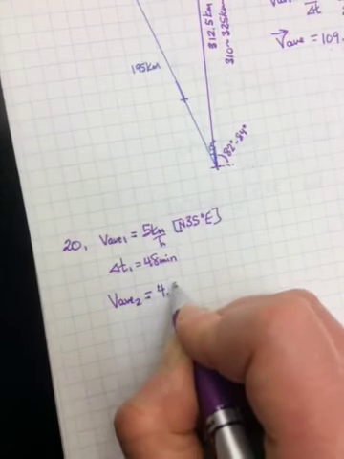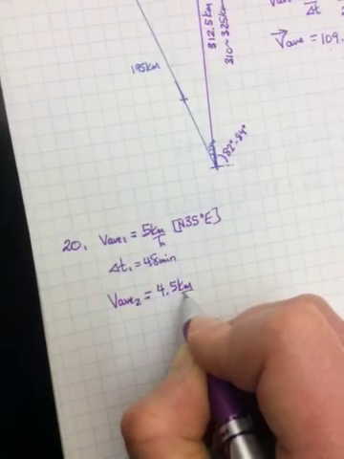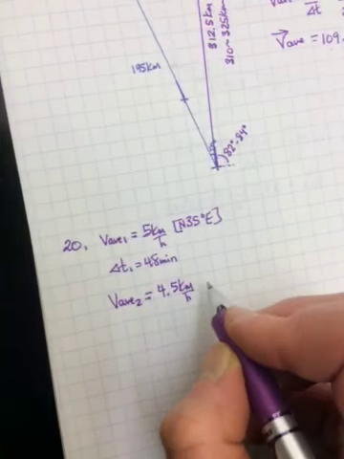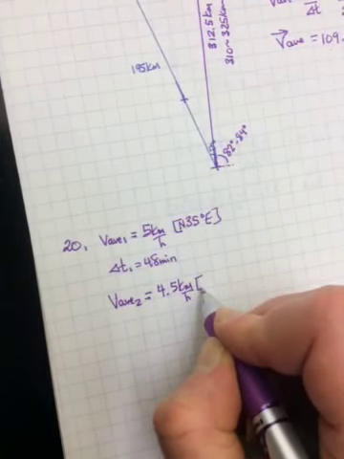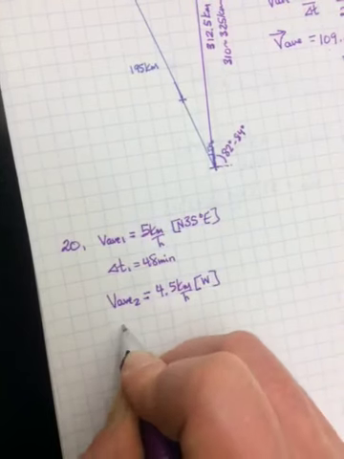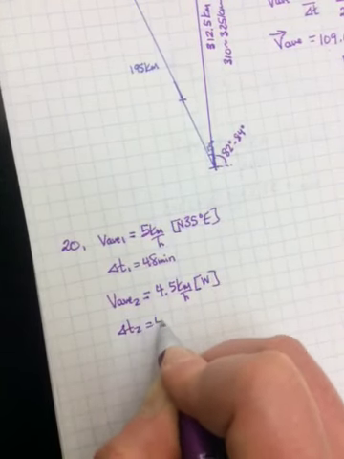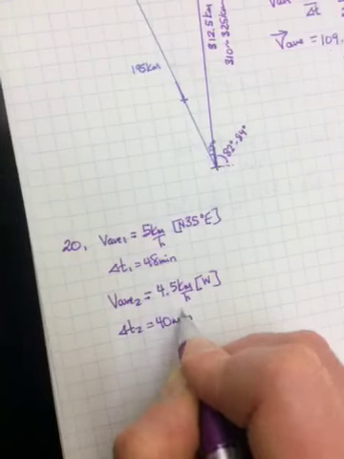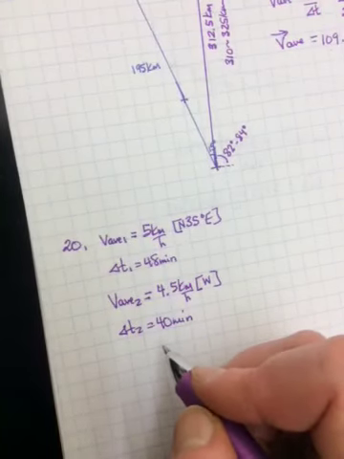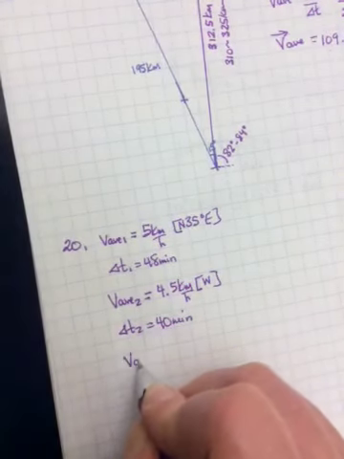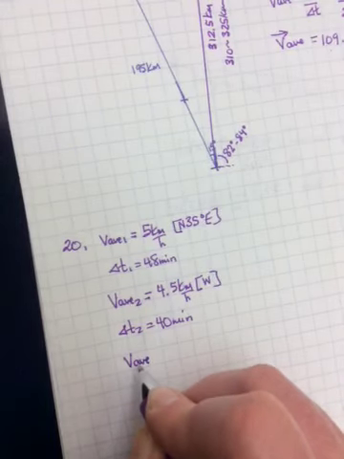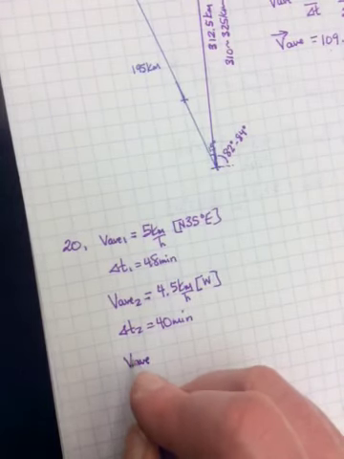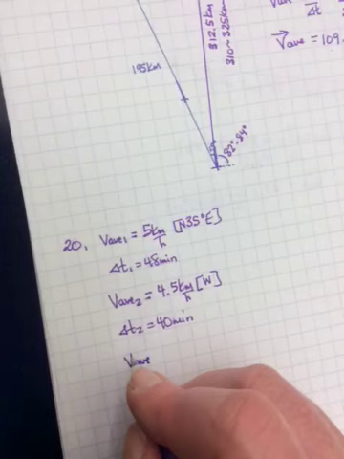4.5 kilometers per hour, and it's west. And he does that, his delta T2, for 40 minutes. And then he goes, his VAV3. Oh, no, they actually tell us the delta D here. 6 kilometers.